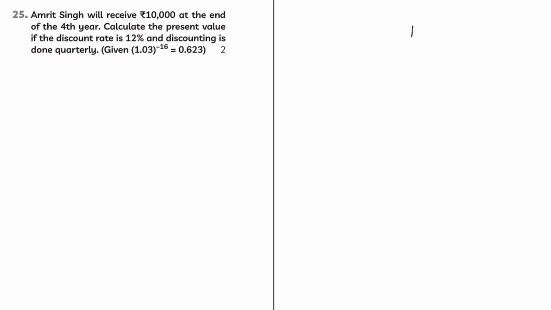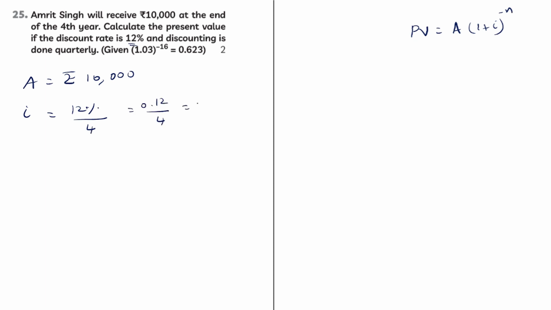So we know that the present value is calculated as a into 1 plus I the whole raised to minus n. So using this formula we can find the present value. Here a is rupees 10,000. I is, since discounting is done quarterly, 12% upon 4, that is 0.12 by 4, which is 0.03.